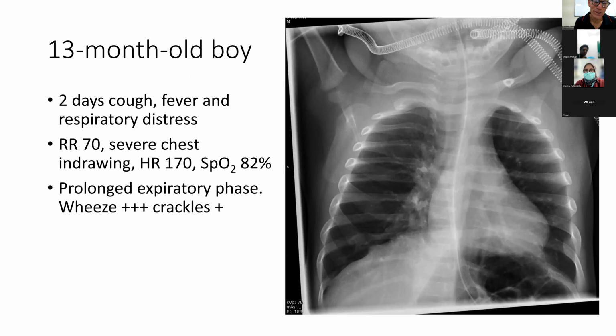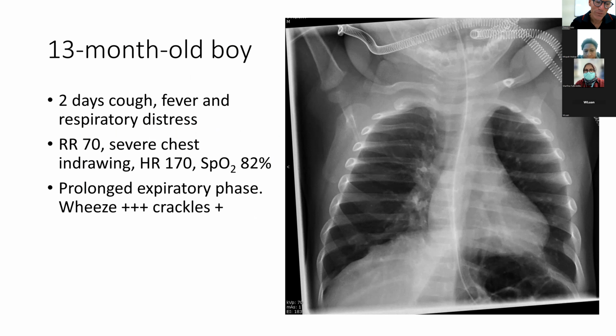All right, the first case. This is a 13-month-old boy who had 2 days of cough, fever, and respiratory distress. He had a respiratory rate of 70 and had severe chest indrawing. His heart rate was 170 and his oxygen saturation was 82.